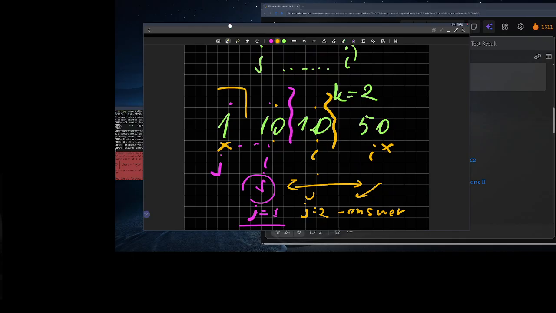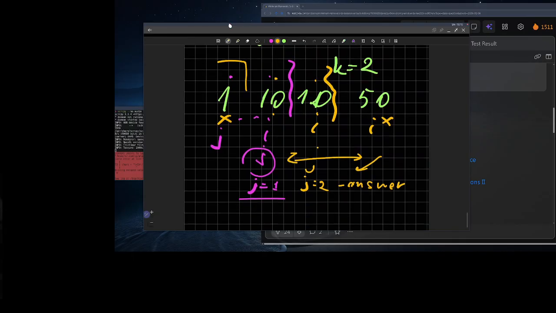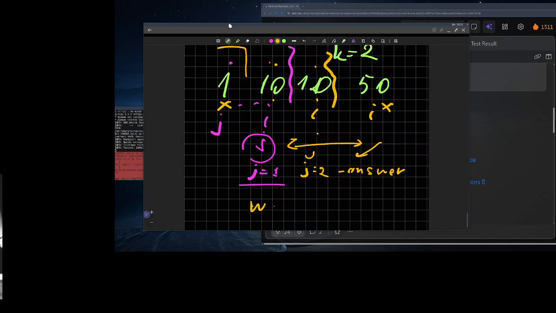It just counts how many values don't match a window. So the actual window is size minus j. This is a window.